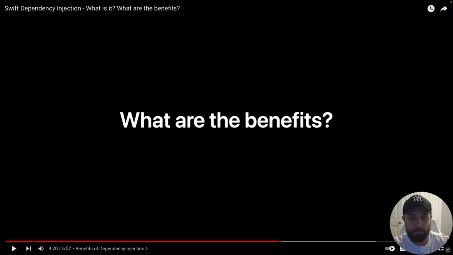Methods and properties are implemented explicitly in the conforming class. And the third one, a really important one which we will talk more about right now, just bear with me: improved modularity. Protocols promote loose coupling between classes, making the code base more modularized and maintainable.